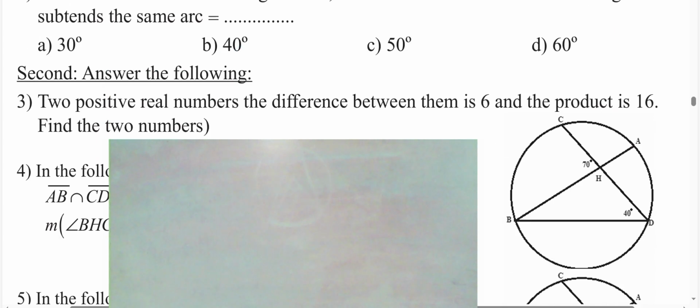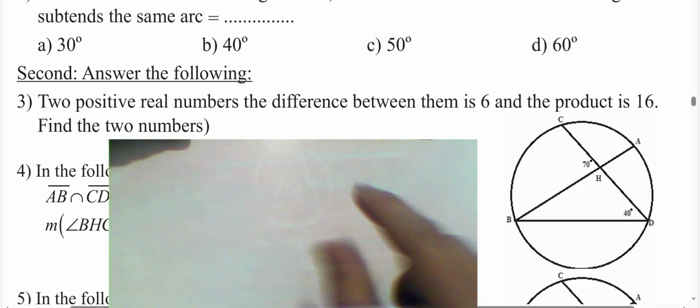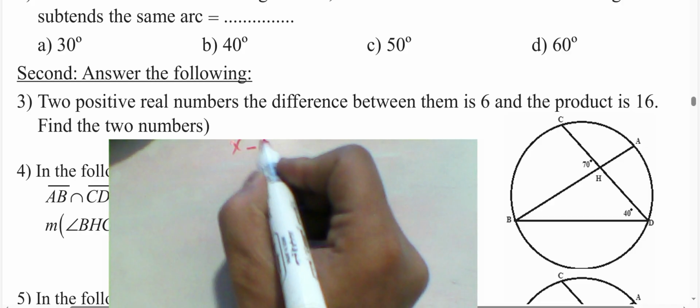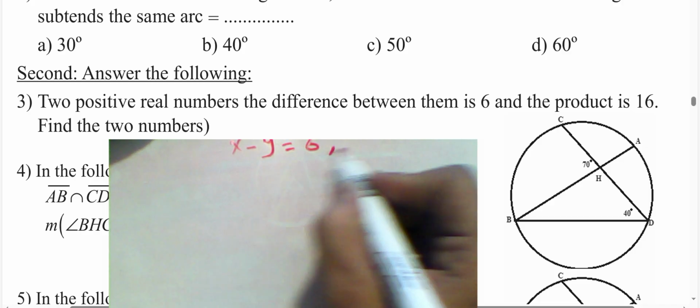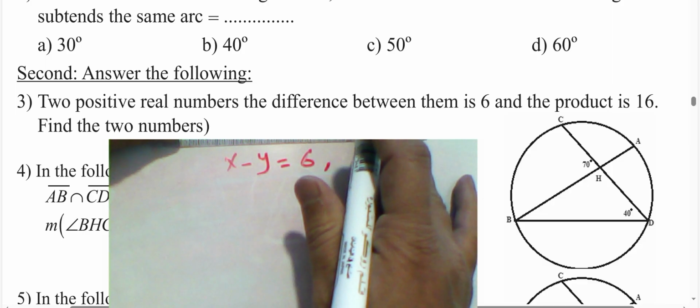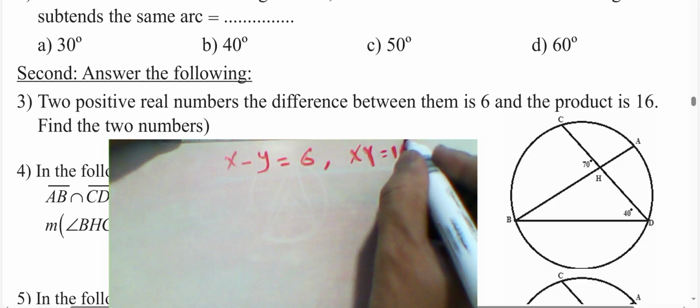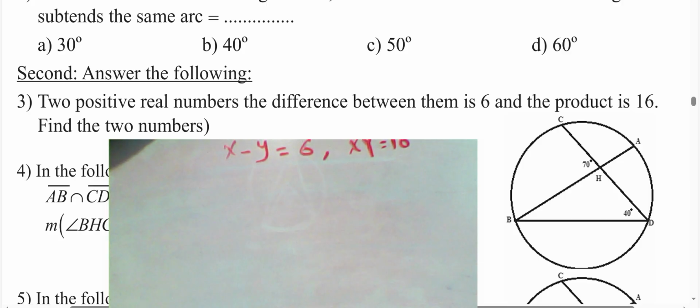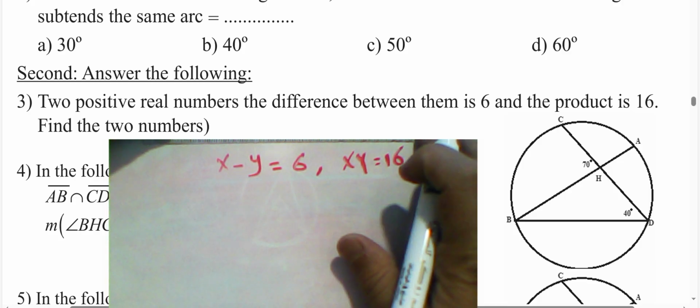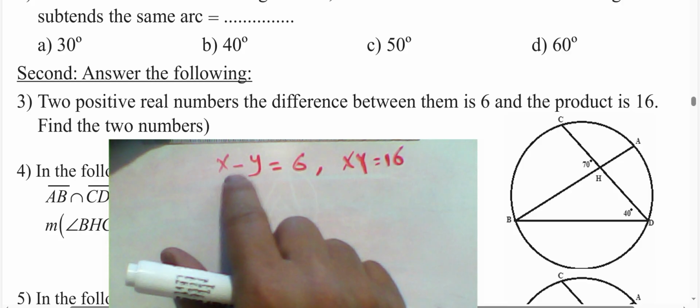Second question. Two positive numbers. The difference between them is 6. We can put x and y. The difference between them equals 6, and the product is 16: x times y equals 16. Now we have x times y equals 16 and x minus y equals 6.